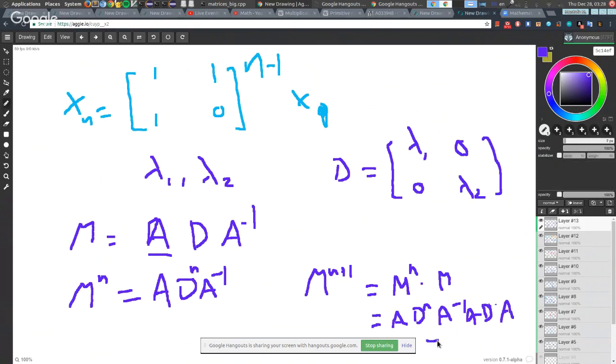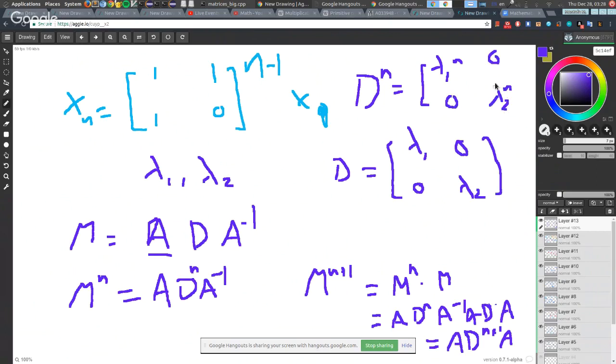So A inverse and A cancel each other, and we have D to the power n plus 1. And the diagonal matrix, when we raise it to some power, D to the power of n, actually we raise all the values to the power of n. This we can also prove in some way.